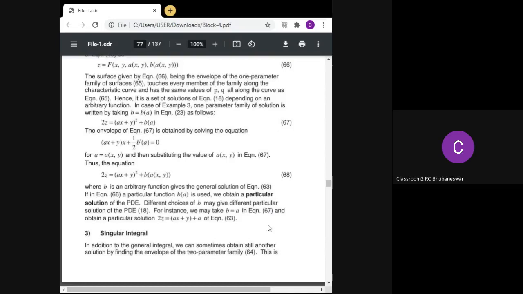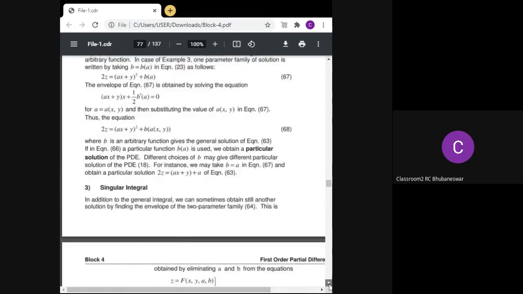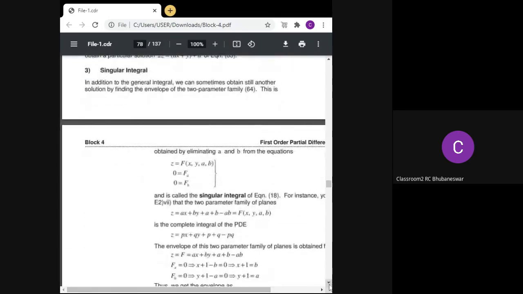So the particular solution can be obtained from the general solution or general integral. It cannot be directly obtained from the partial differential equation.